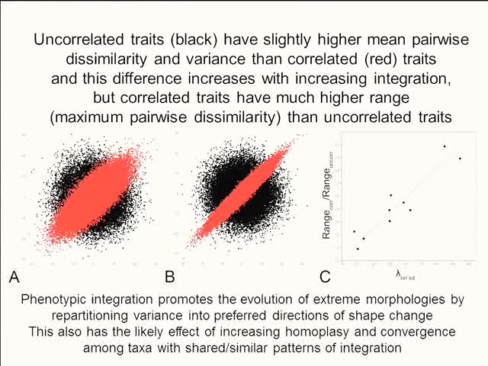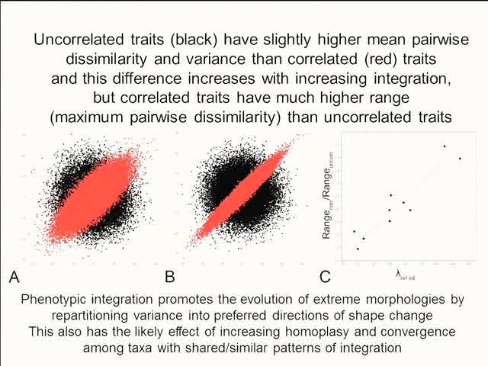Interestingly, though, when we look at range-based metrics of disparity, so in this case, maximum pairwise dissimilarity, we find that the integrated traits show much larger ranges than uncorrelated traits. And you can see in this right here, where we're looking at degree of integration versus the difference in the range of the correlated traits and the uncorrelated traits.